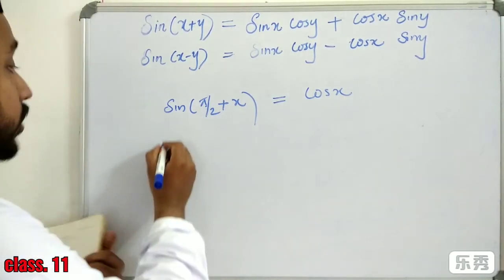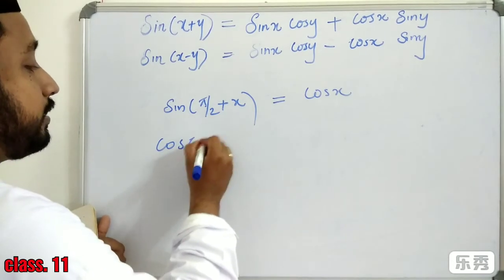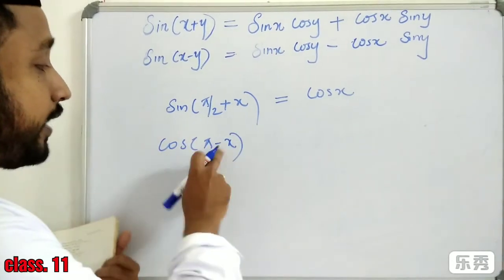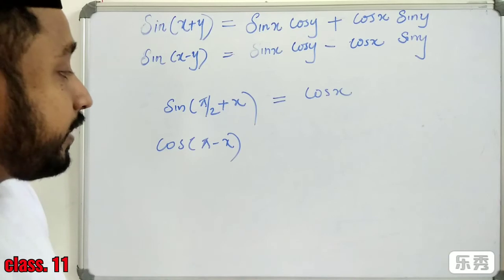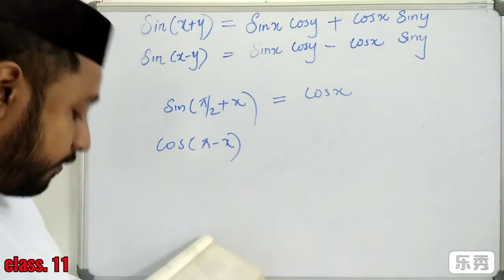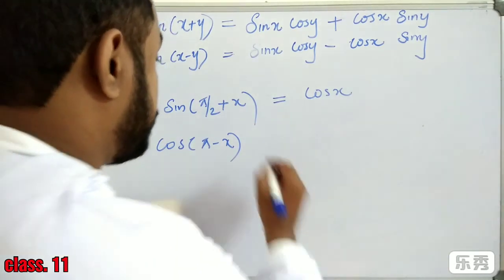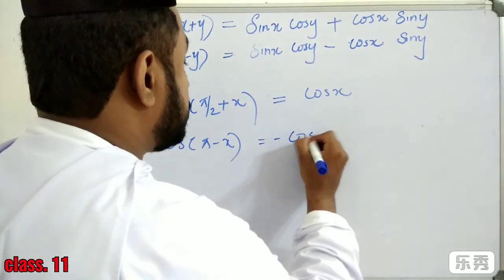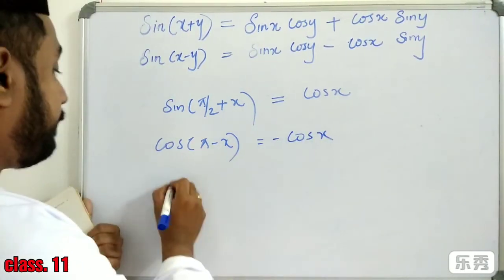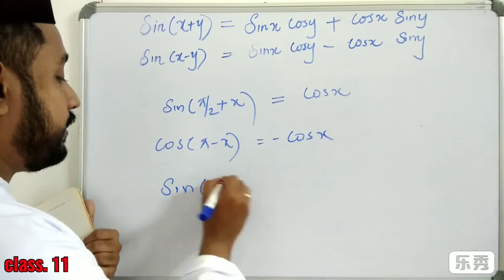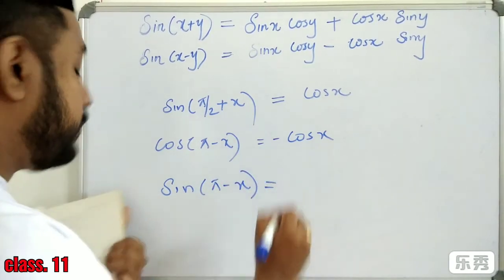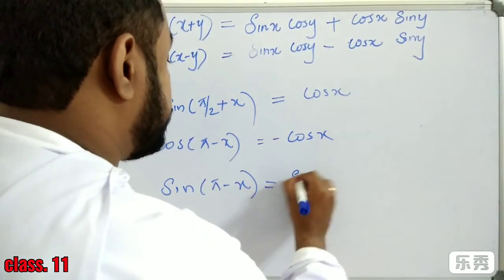Then cos(π − x): our idea was cos(x − y), and instead of x and y we use π and x. We will get cos(π − x) equal to −cos x. Then sin(π − x) is equal to sin x.